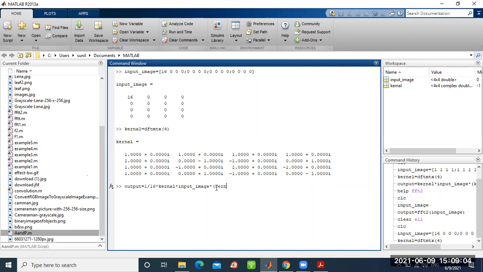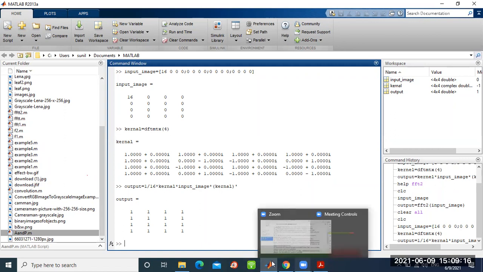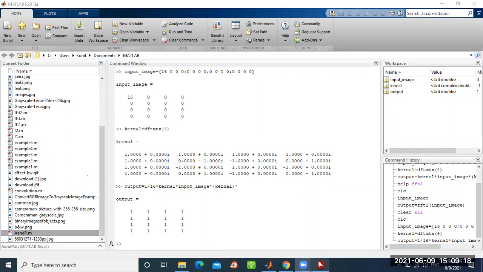Now you can see the output. When we perform the IDFT here, what do we actually get? The actual f of x, y.